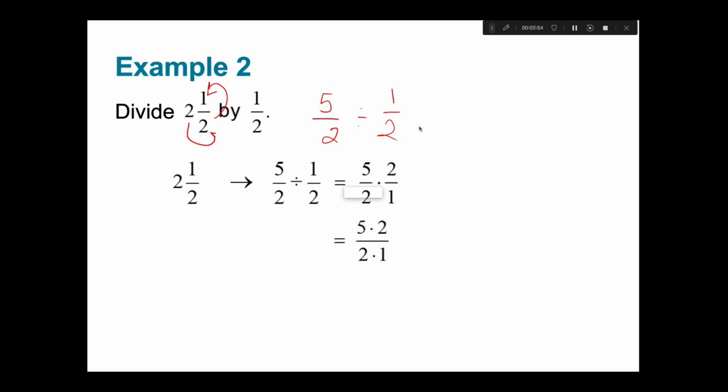Then we end up with 5 times 1, and 1 times 1, which gives me the whole number of 5. If you do not cross-cancel, you end up with 10 over 2. We divide that, and you end up with 5.